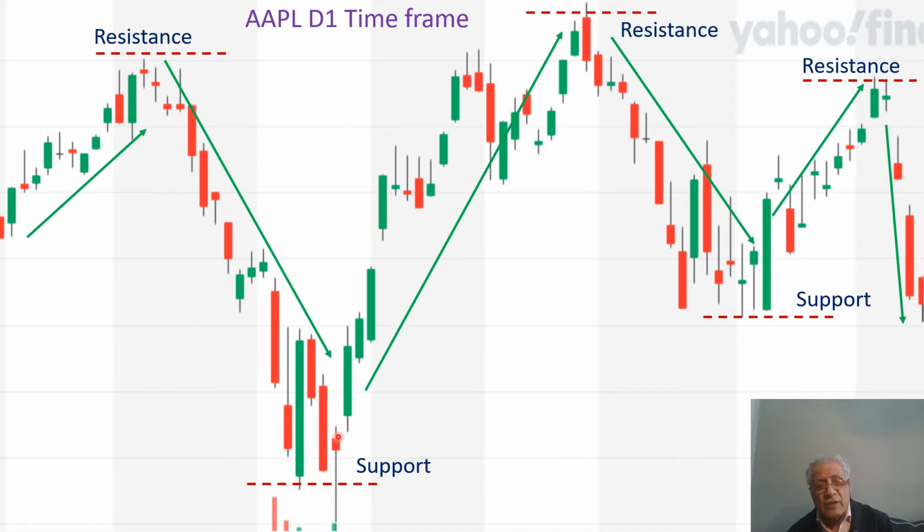Now the trend goes down, consolidates a little bit here, and then you see a hammer at the bottom of a downtrend, rejected by this support. It has a long lower shadow. That means the power of the bulls is very strong and they wanted to change the direction from downtrend to uptrend.